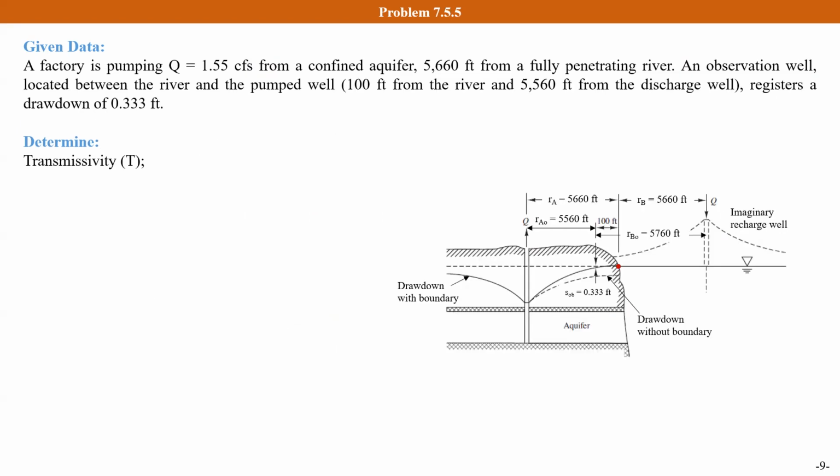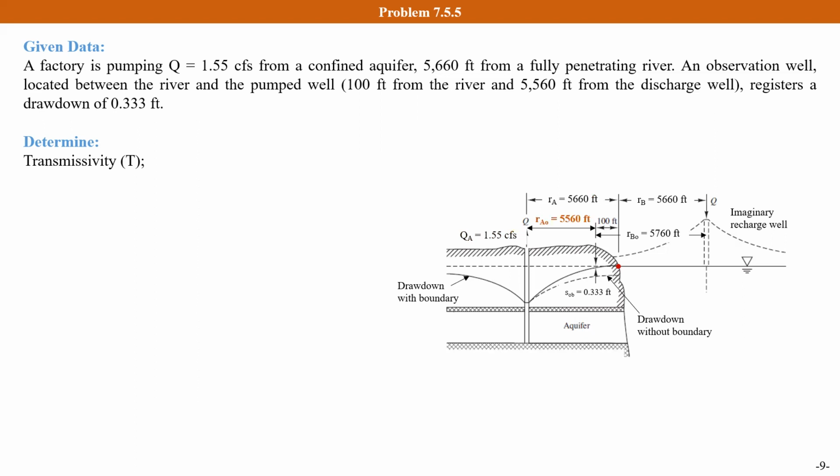Now let's move on to problem 5. A factory is pumping at a flow rate of 1.55 cubic feet per second from a confined aquifer, 5,660 feet from a fully penetrating river. An observation well is located between the river and the pumped well, 100 feet from the river, and 5,560 feet from the discharge well.